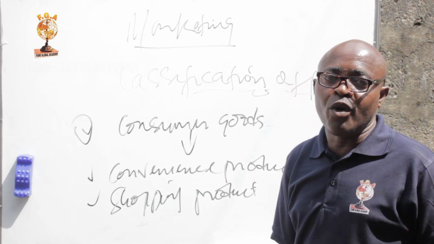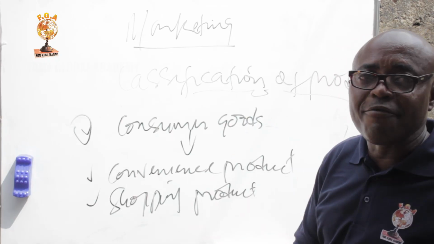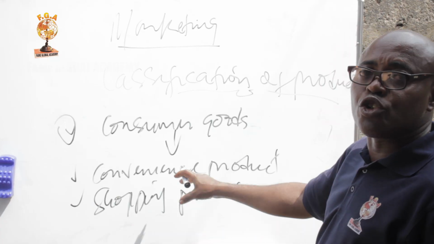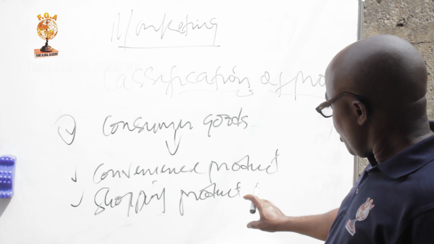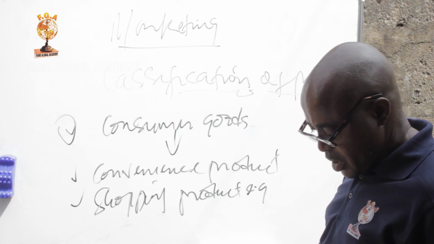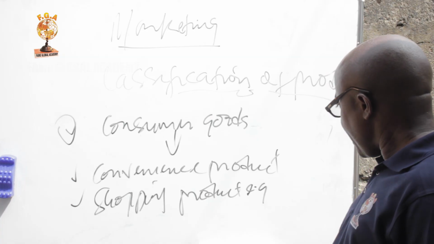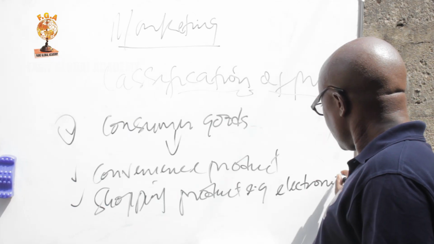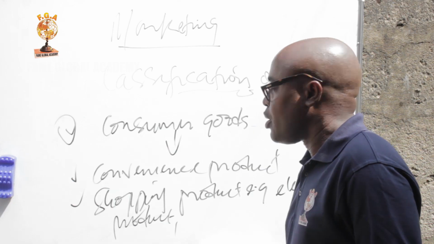You have the one we refer to as what? Shopping product. Now this product graduates from one level to another. Here the shopping product is classified into electronic products.